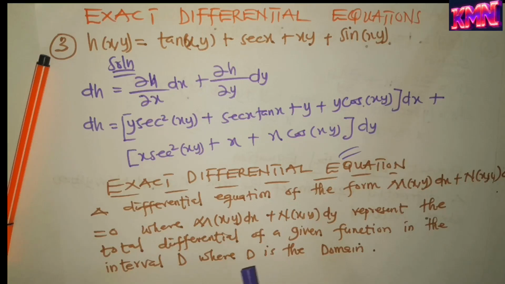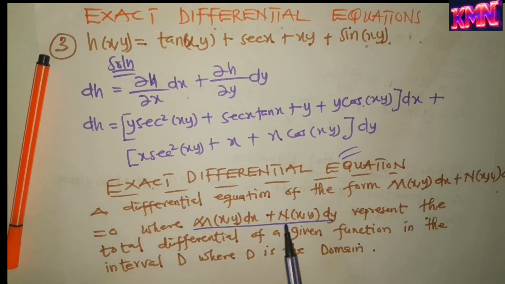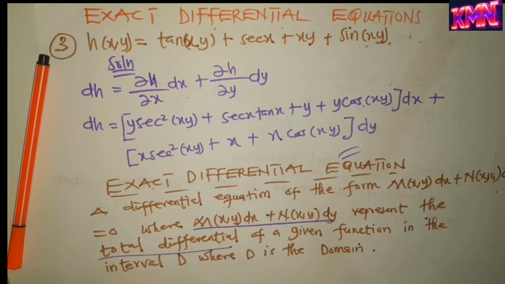So when you talk of an exact differential equation, it is a differential equation where there's a particular function, say m, which involves x and y, attached to the variable dx, plus another function n, which involves x and y, also attached to the variable dy, where the m at xy dx plus n at xy dy represent the total differential of the given function in a particular given domain.